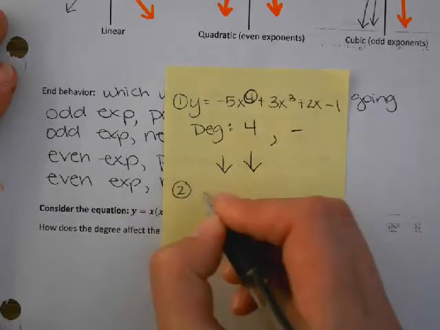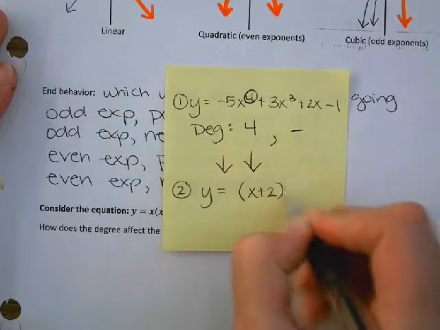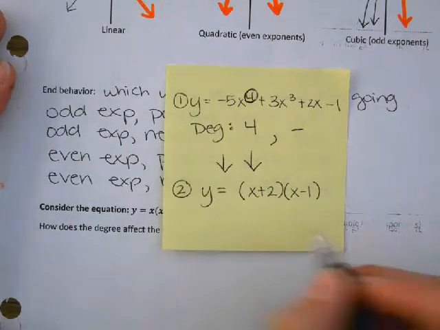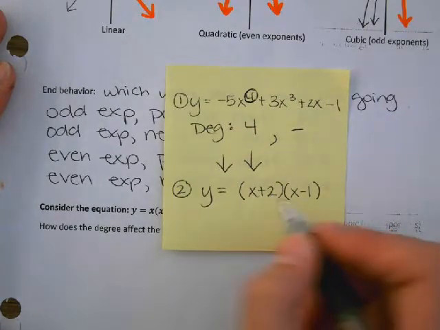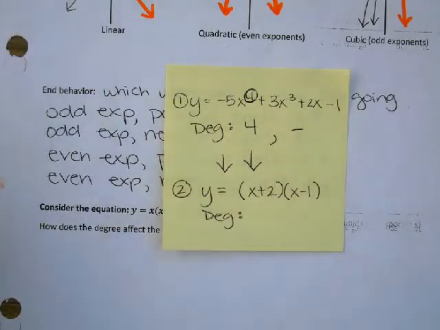Okay, here's the next one I want you to think about. Don't say anything out loud. I just want you to think about it and see if you can figure out what the degree would be and if it's positive or negative. So y equals x plus 2 times x minus 1.